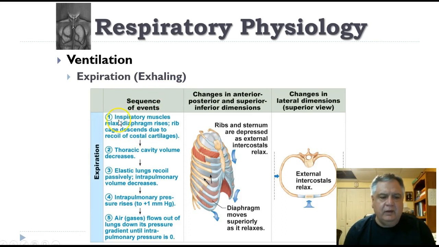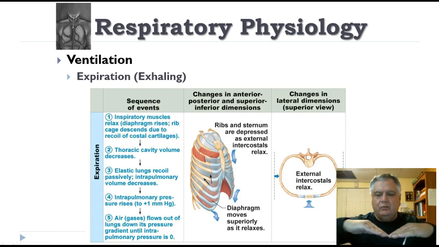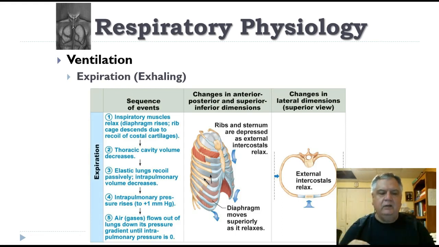Let's go down through the sequence of steps. In the first step, the inspiratory muscles are now going to relax. When the diaphragm relaxes, it's going to dome up. And whenever the intercostal muscles relax, they are going to allow the rib cage to descend.